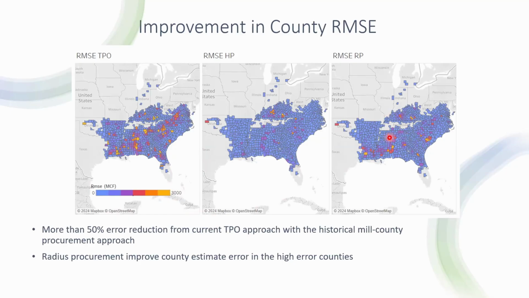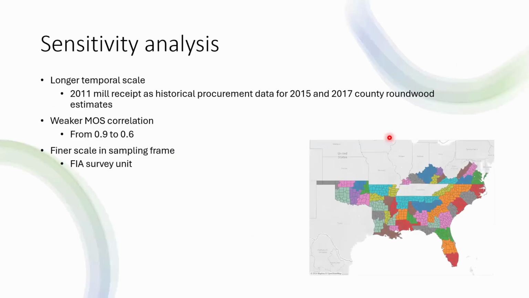Then we also tested a sensitivity analysis. We used a longer temporal scale by using 2011 mill receipts as historical procurement data, applied as a percentage to 2015 and 2017 county roundwood estimates. We also tested a weaker MOS correlation by using a log transformation.